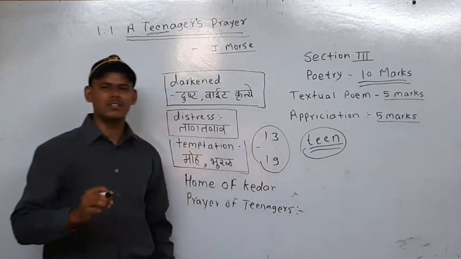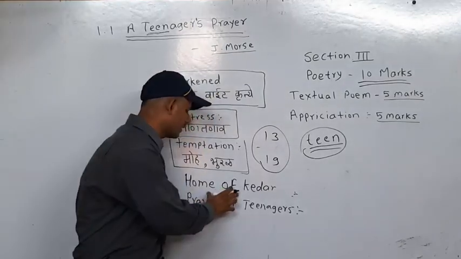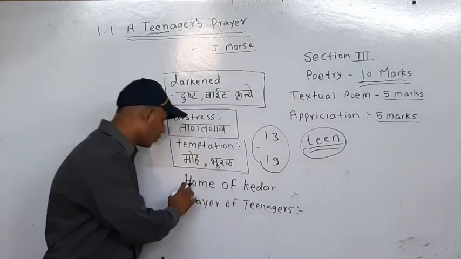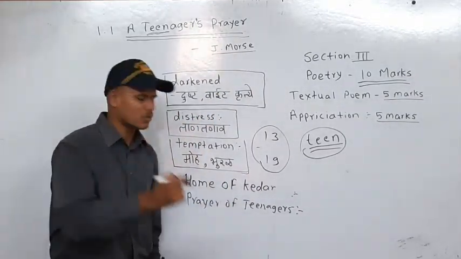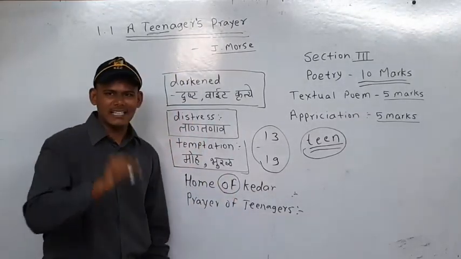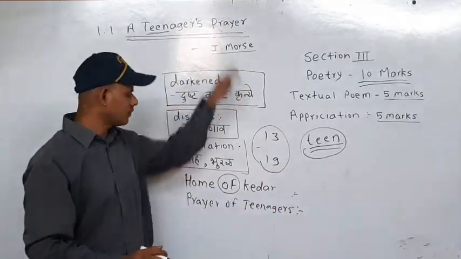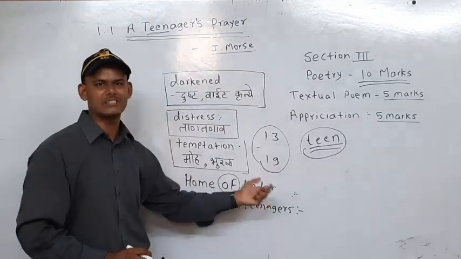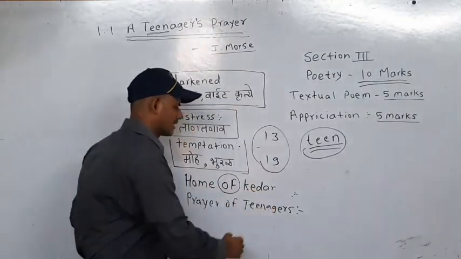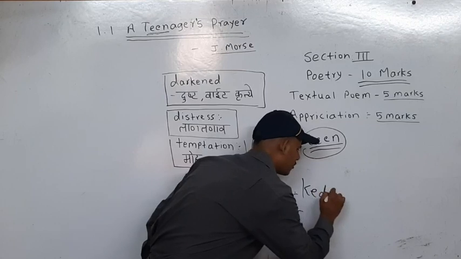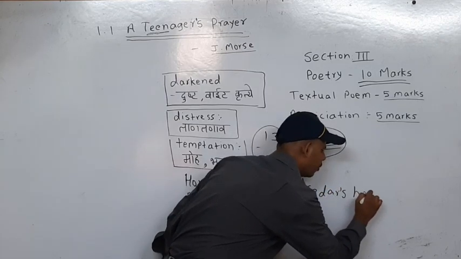If we want to use "of" in a phrase like home of Kedar, then we use apostrophe for showing the short form of this phrase. So we can write this as Kedar's home.